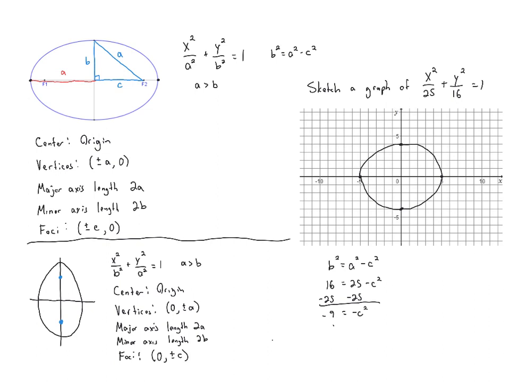If we take the opposites of those, multiply or divide by negative 1, makes them positive, c squared equals 9, and then of course c equals 3. And so what that means is that the foci are to the right or to the left 3 units at the points (3, 0) and (-3, 0).